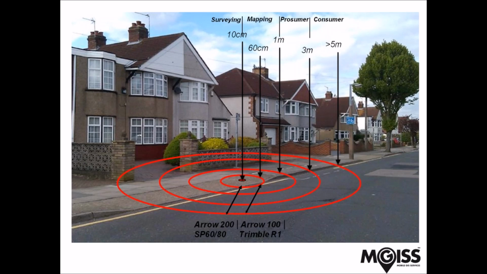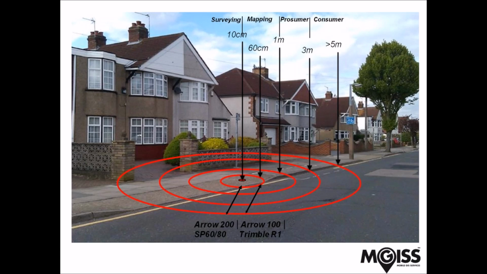So if you're wanting pinpoint accuracy, and you look at the bottom of that slide, products such as the Arrow 200 or the SP60 or 80 survey grade GPS receivers, those are what are required in order to get you down to locating or relocating assets to the highest levels of accuracy. And you would do that, as we've previously discussed, through the application of real-time correction sources.